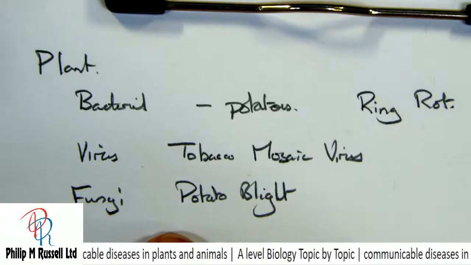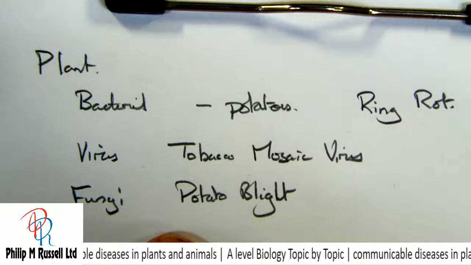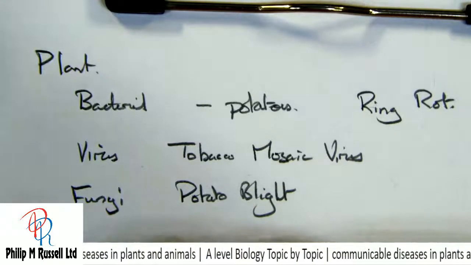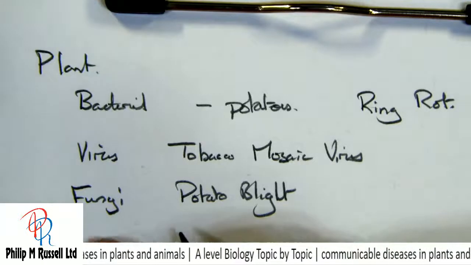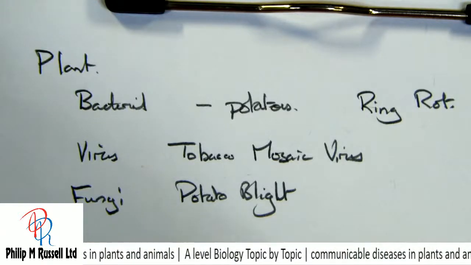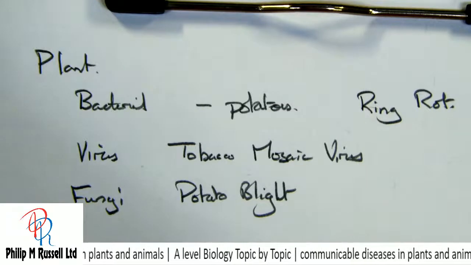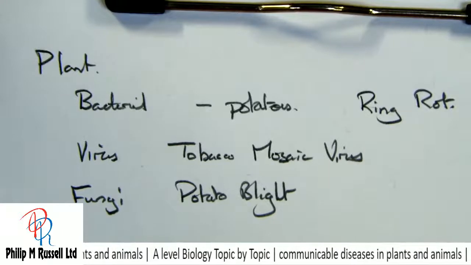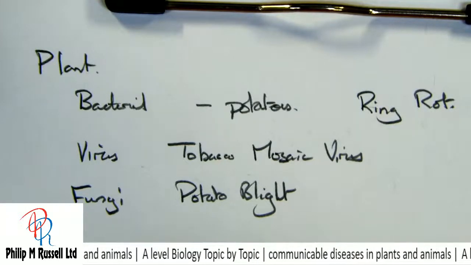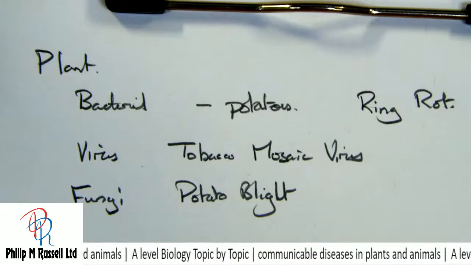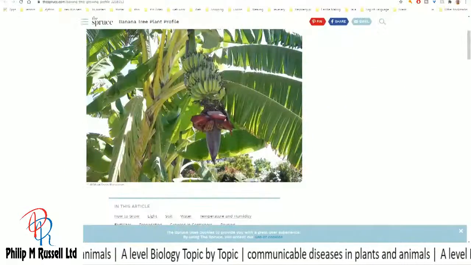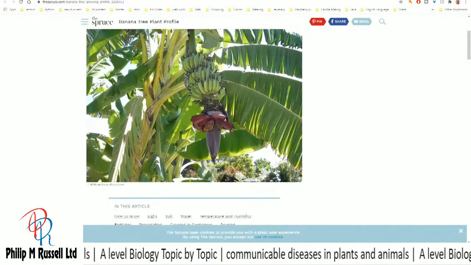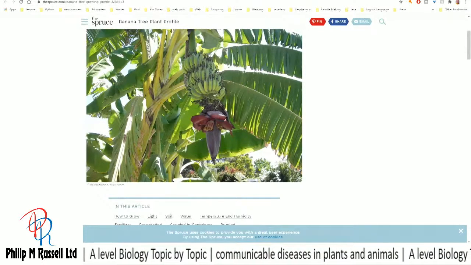There's also a big problem with something like bananas. There's a fungal infection that attacks and destroys the leaves of bananas. And bananas give us a big problem. You see, if we've got a banana, we need to know something about the banana.